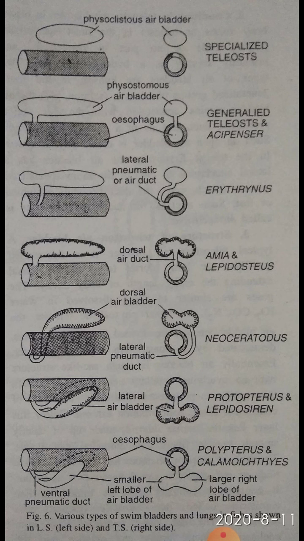It lies ventral to the alimentary canal in Polypterus, laterally in Dipnoi, and dorsally or dorsoventrally in teleosts. So, first in this slide we will discuss the condition in ganoids and dipnoids.